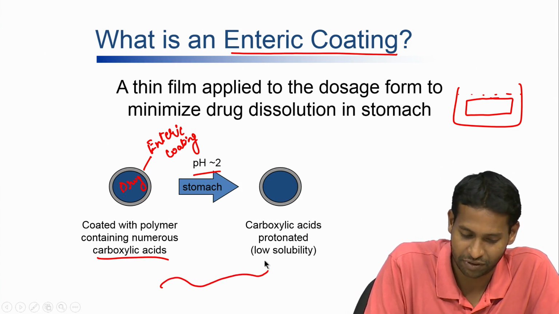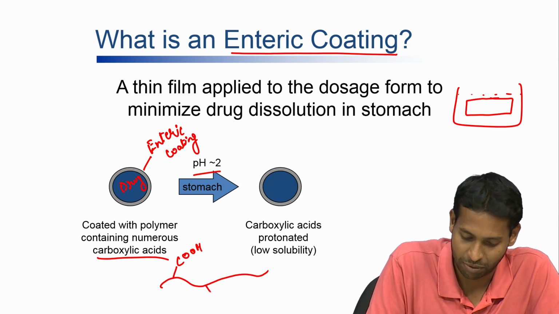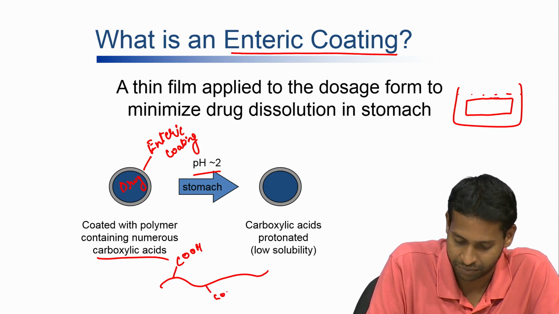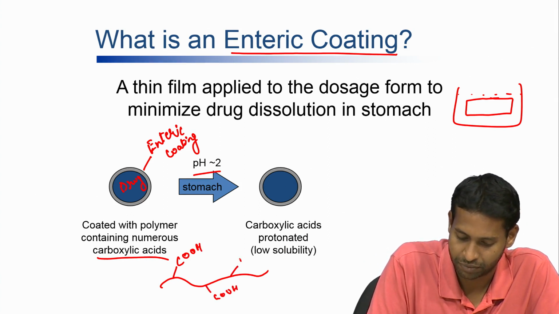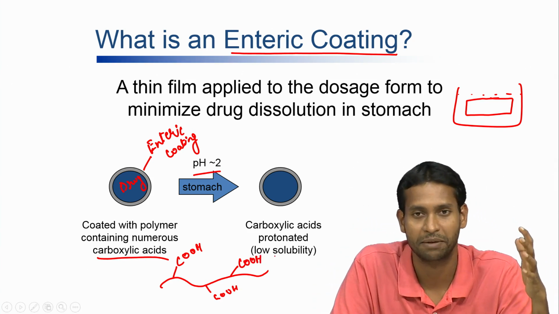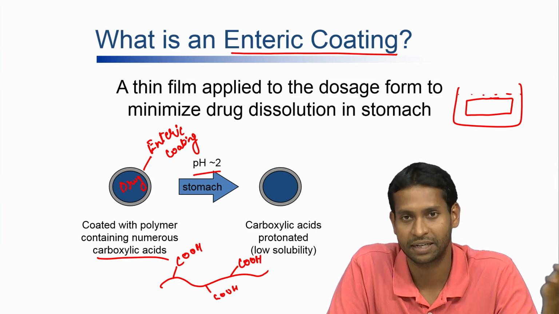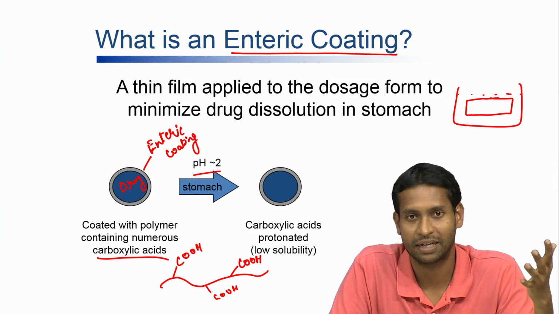Let us say this is the polymer chain that contains a lot of carboxylic acid. All these carboxylic acids will have a certain pKa, and below and above that pKa the charge will change.